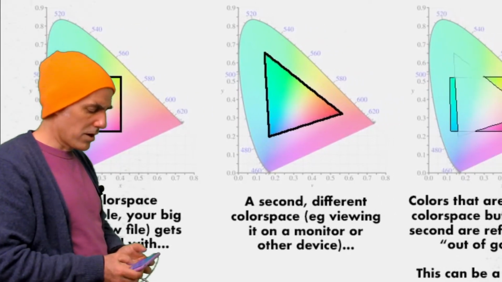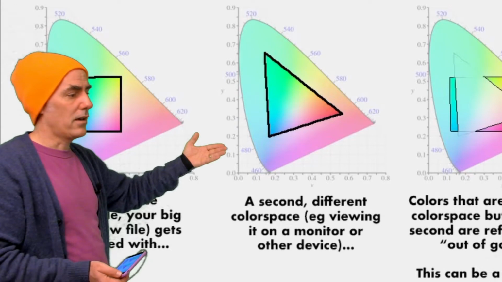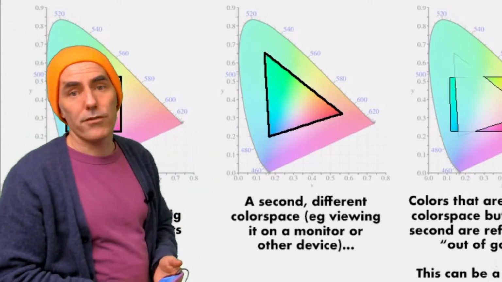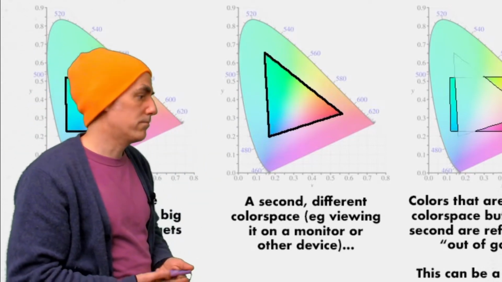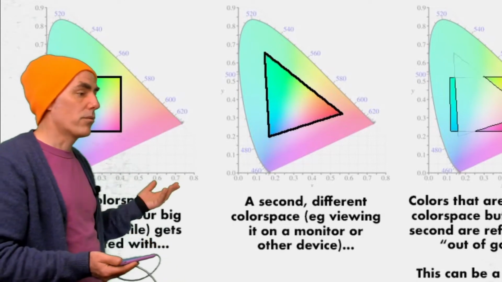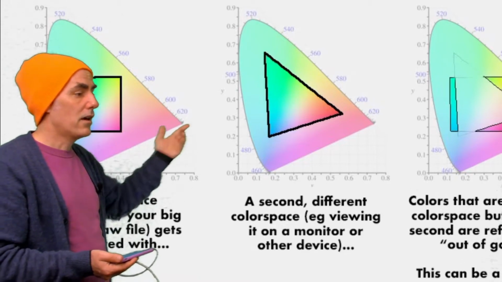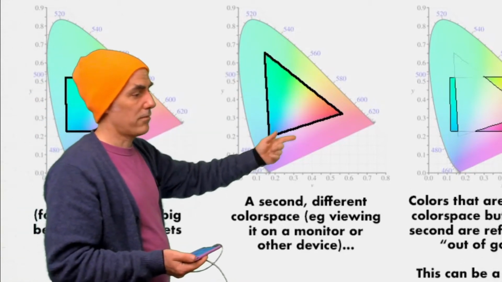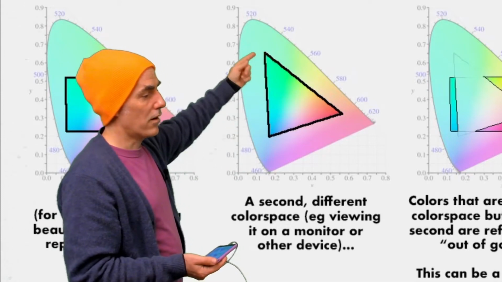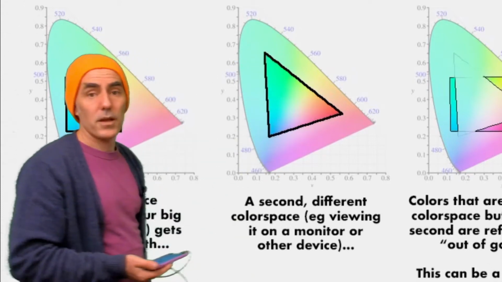Now, the problem with it is that we go and look at it, let's say, on a monitor or a phone or whatever. And that monitor, phone, or whatever has a different set of colors that it can represent. So these are all the colors that can be represented by my monitor.